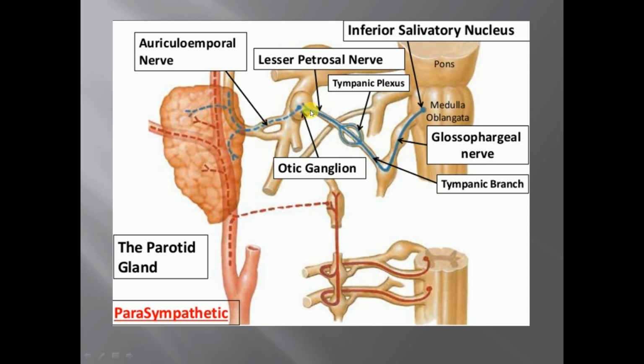This nerve synapses in the otic ganglion, which is a collection of neuronal cell bodies, and after this it reaches the auriculotemporal nerve. The auriculotemporal nerve then carries the parasympathetic fibers from the otic ganglion to the parotid gland.